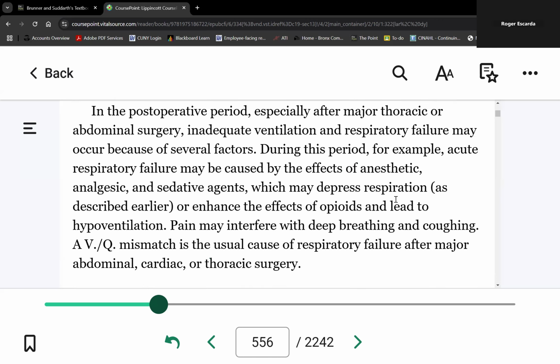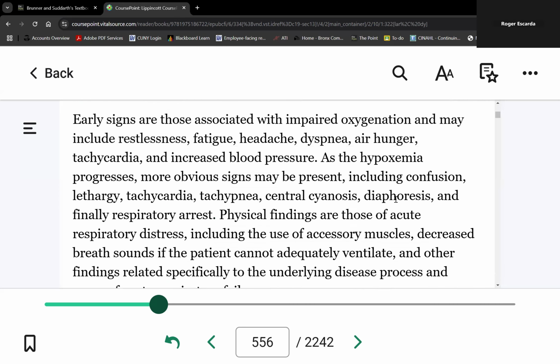All right. Let's go to manifestations. Again, just like PE, there are no exclusive manifestations for respiratory failure. So just like any patient who has low oxygen, low PaO2, high PaCO2, low pH, low oxygen saturation, what do these patients look like?